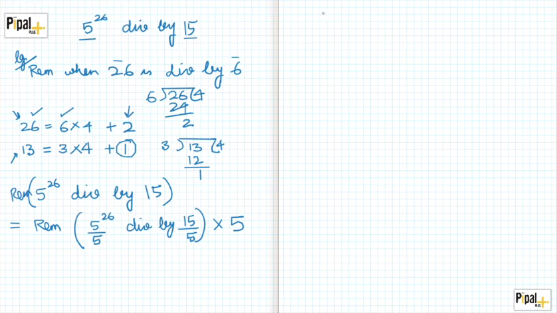Now the problem is a little bit simpler. We need to find the remainder when 5 to the power 25 is divided by 3, and then we'll multiply it by 5. So this is what my problem simplifies to.